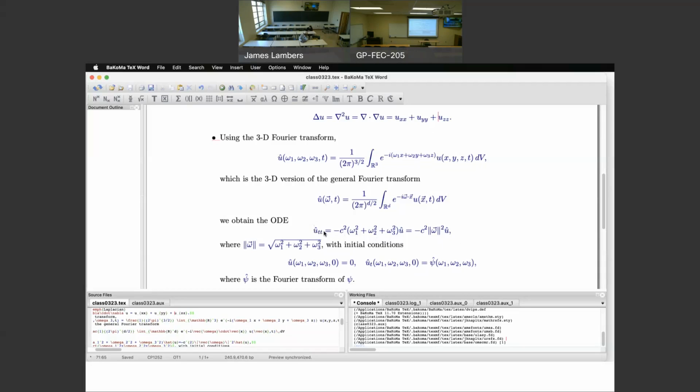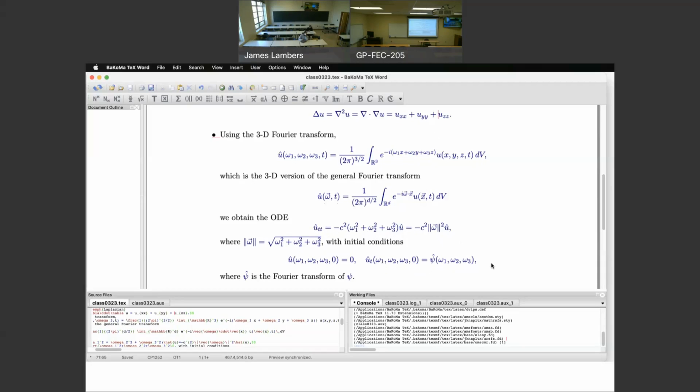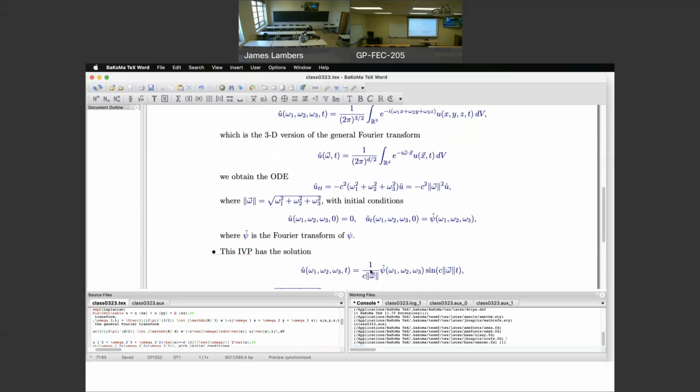So now we go about solving this ODE with these initial conditions. And this turns out to be a solution that's 1 over c magnitude of omega times the Fourier transform of the second initial condition times sine of c omega t.